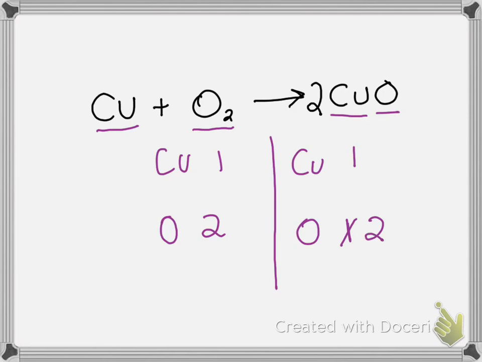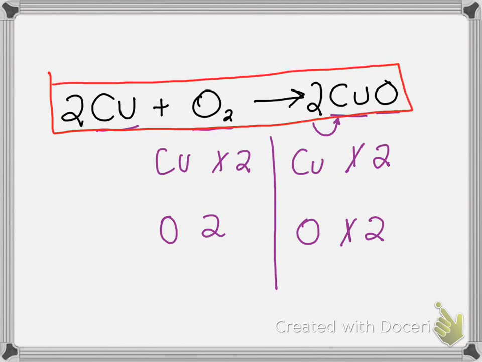Now when I added this 2, it also impacted the copper that it was in front of. So that changed my copper to 2. And so to complete the balancing, I would write a 2 in front of this copper. So this would be the balanced equation.